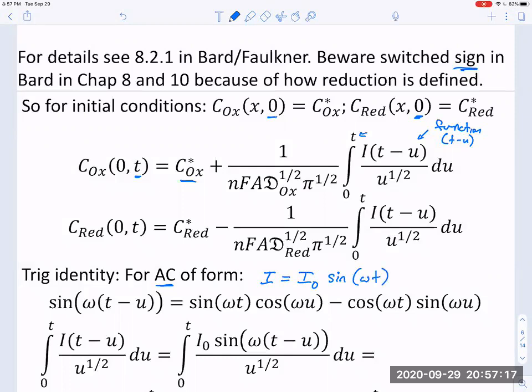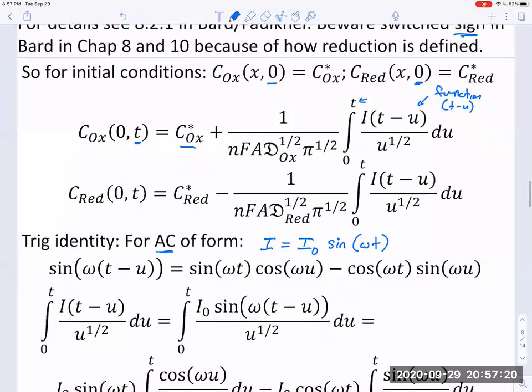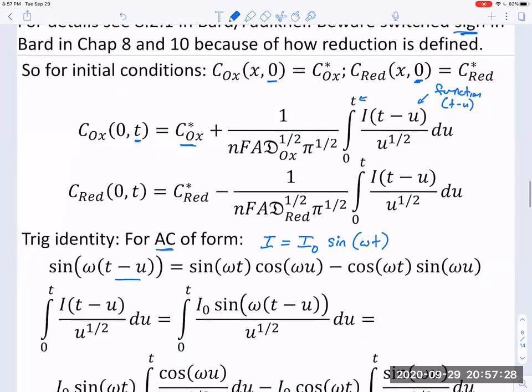Because the sinusoid is basically our current. And there's a trig identity where the sine of omega times (t minus u) is just sine omega t cosine omega u minus cosine omega t sine omega u, right? So this is just a trig identity for the sinusoid that our current happens to be in.